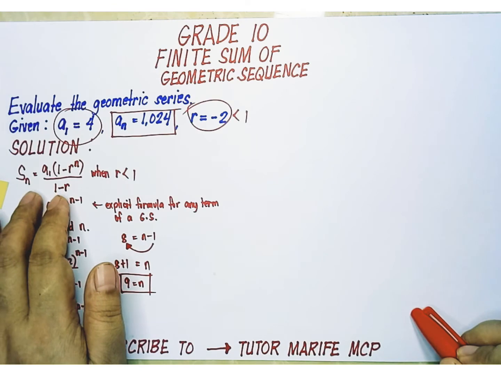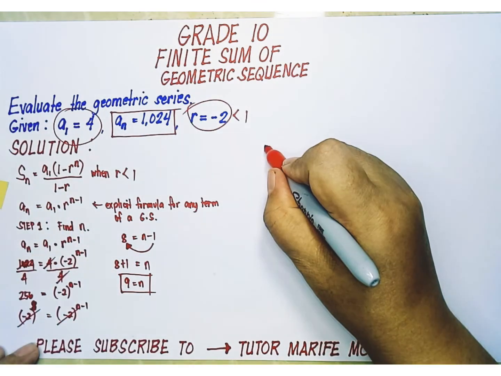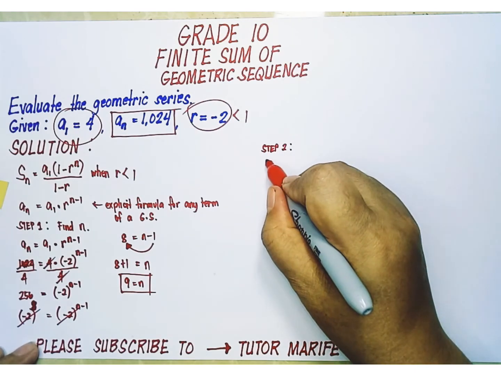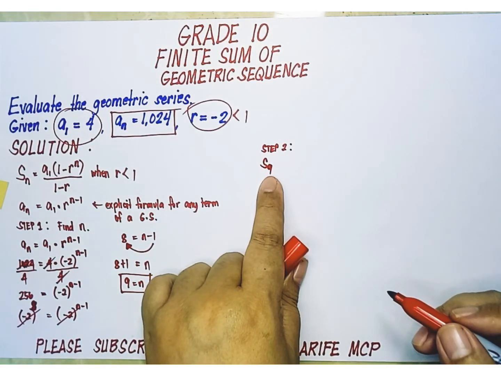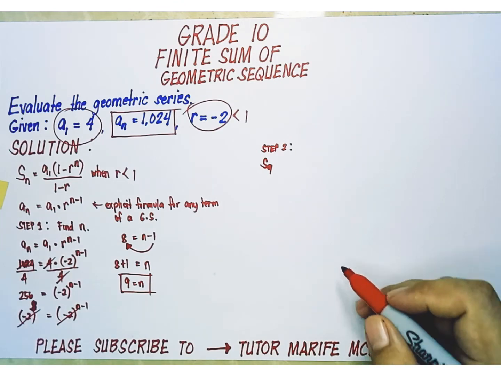Dun na tayo sa main problem. It's the finite sum. Step 2, solve for the sum of the 9 terms of the geometric sequence, S sub 9.